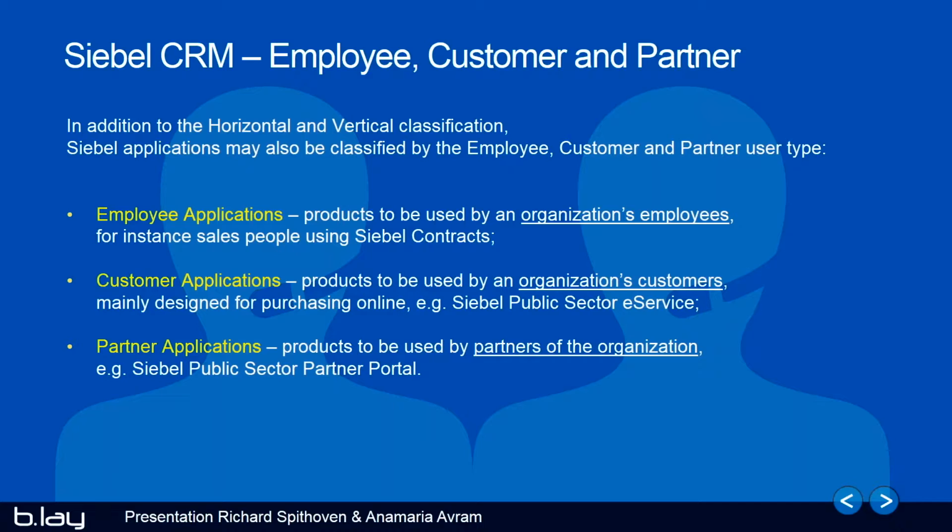They are mainly designed for purchasing online, like Siebel Public Sector e-service. Partner applications are products to be used by partners of the organization, like Siebel Public Sector Partner Portal. This type of products also can cause non-compliance issues, and we'll see them later on during our presentation.